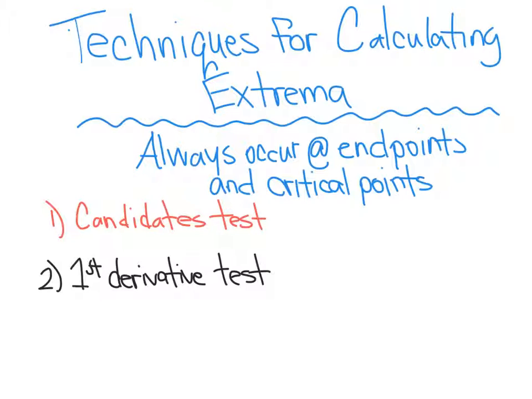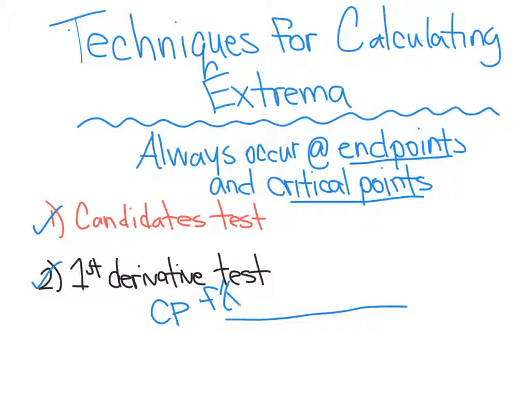We've learned the candidates test, and that's where we identify the candidates, which are endpoints and critical points. And then we substitute them into the original equation to determine which values are the greatest and the least. Now the second technique we've used to calculate the extrema is the first derivative test. So again, we calculate those critical points, and then we make a sign chart of the first derivative, and we look at the signs, right?